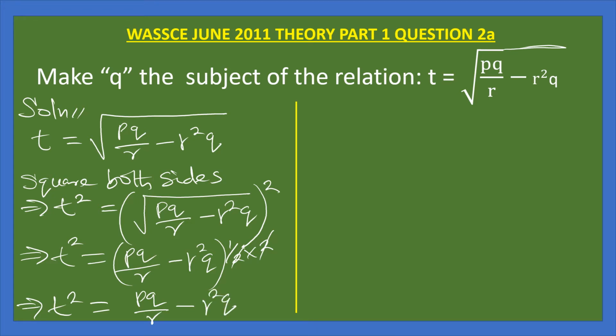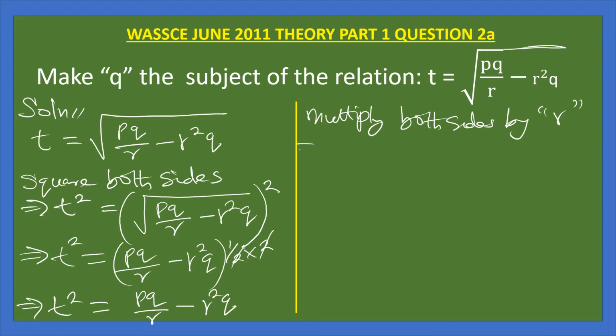Now we are looking for Q. The next step is to multiply both sides of the equation by R, because we have a fraction here and we have R here.